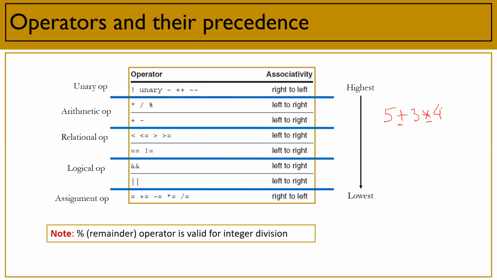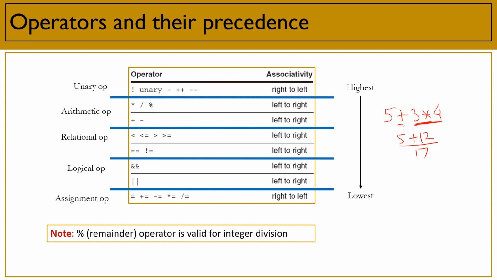Since multiplication has higher precedence over the plus operator, this part will be computed first. 3 times 4 is 12. Then you add 12 with 5 and you get 17. So when you write an expression, you should be careful with the operator precedence.